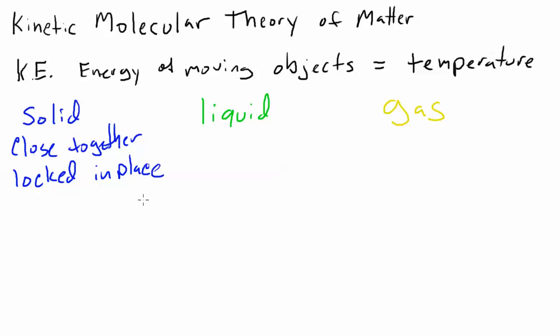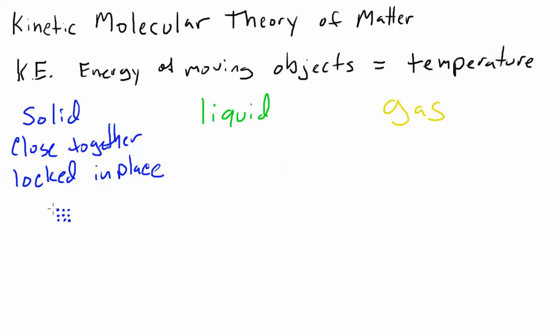What that means is that they're usually kind of trapped. They can't really move around very well. If you think about the particles in some kind of lattice of a crystal, they're kind of stuck in place.